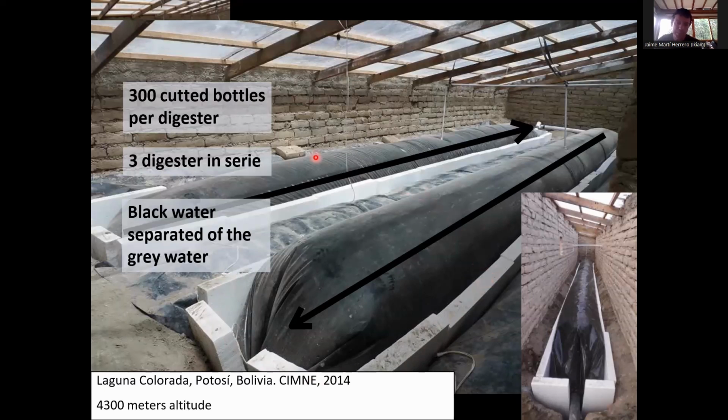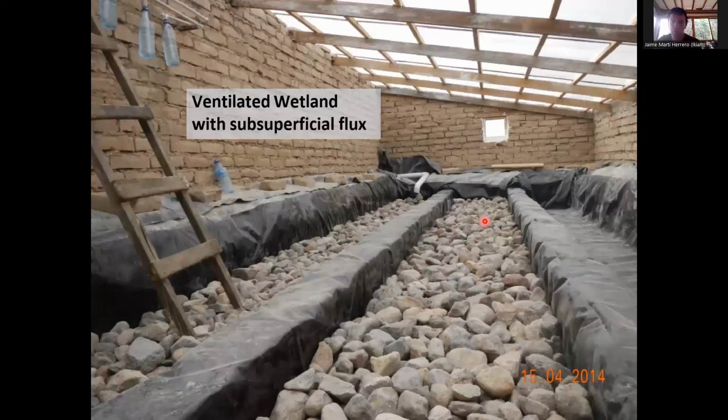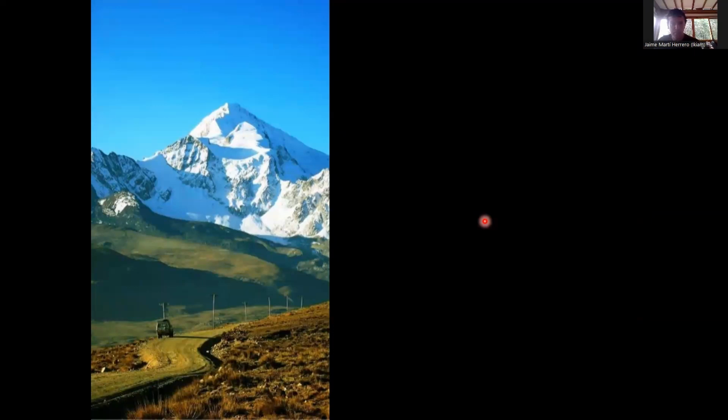We also put 300 cut bottles inside each digester to increase the surface, and a small wetland at the end of the system. That was the first time we introduced wetlands inside these wastewater treatment systems.